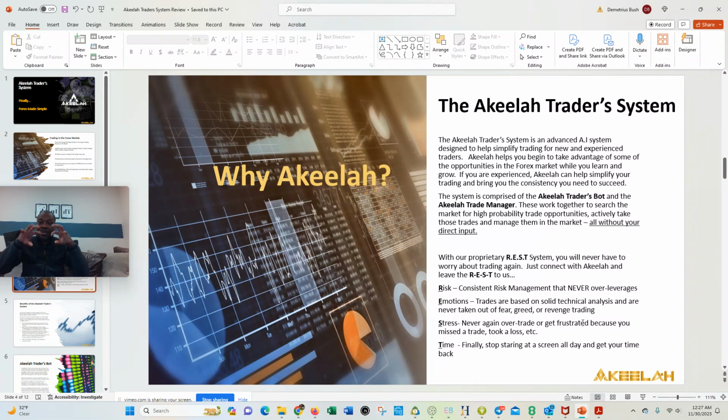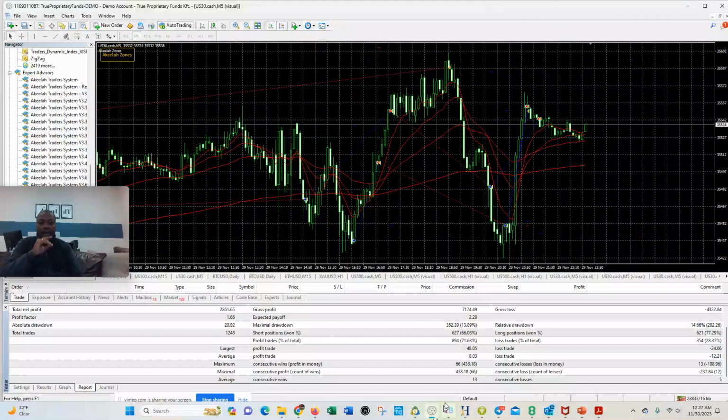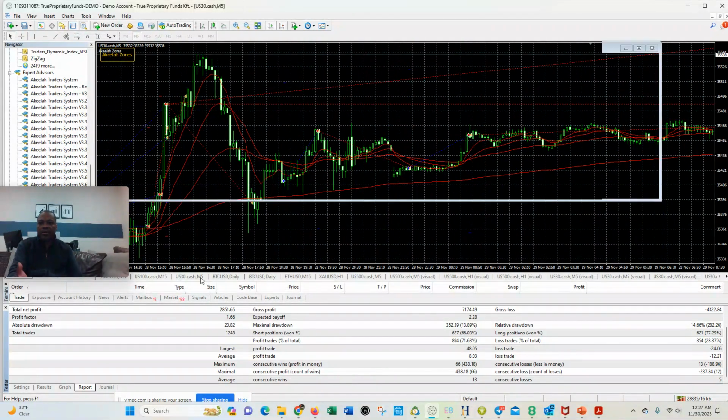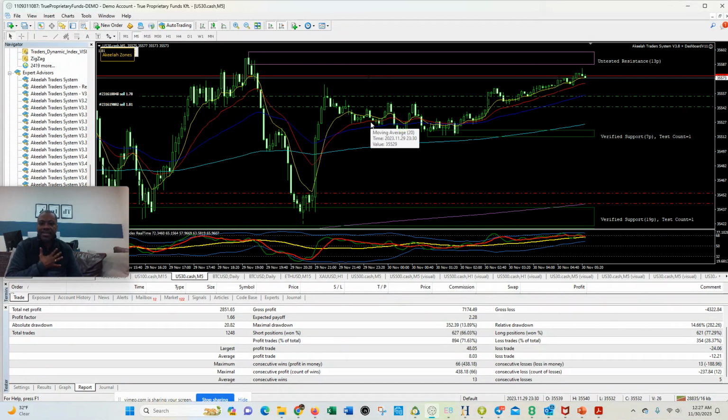And so for that, I'm going to show you guys here. I'm going to go back to this. This is what our US30 chart looked like. It was kind of blank there. But what our system sees is a US30 chart that looks like this. We have a lot of technical analysis tools that are already built into here. Supply and demand zones. It sees those zones. It sees support and resistance zones. It sees moving averages.